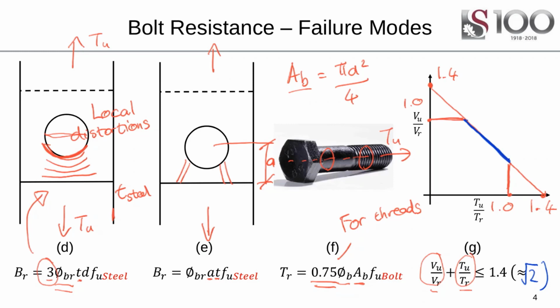So you check all of them and select the lowest, and that will be what you use for your design. When there's a thick steel plate, chances are it is the bolt that governs. When there's a thin steel plate, chances are that the bearing resistance governs. But you may not be sure offhand, so you check all of them and pick the lowest. So hopefully that's given you a bit of an overview of bolt capacity. Thank you.